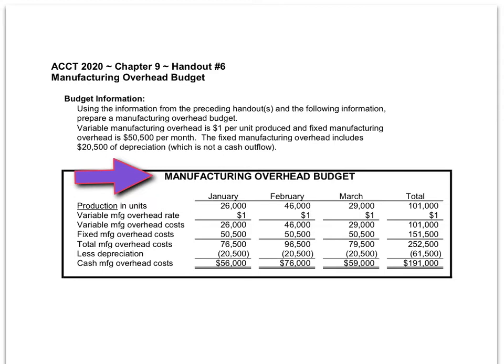Total those up. And again, in this case, you can total these all across. The only time that you can't total numbers across for your total column is when you've got beginning and ending inventory and beginning and ending cash. Now, this is our total manufacturing cost. We're going to subtract out the depreciation so that we can come up with our cash manufacturing overhead costs, because these numbers will flow to our cash budget.